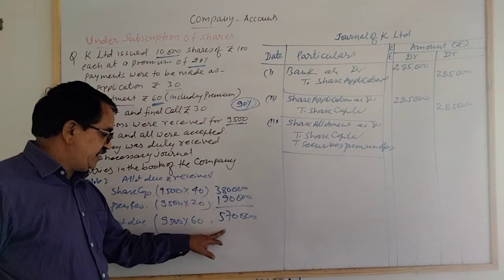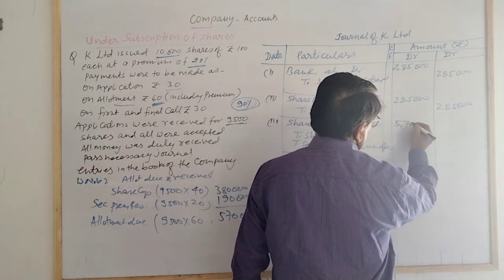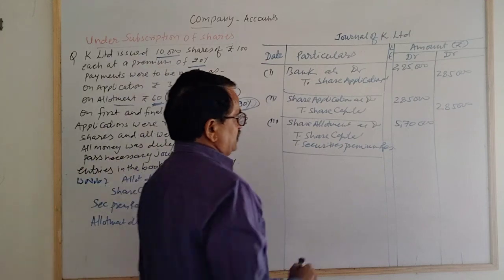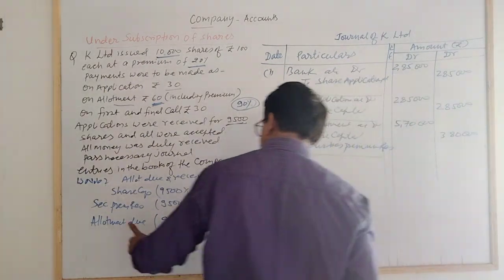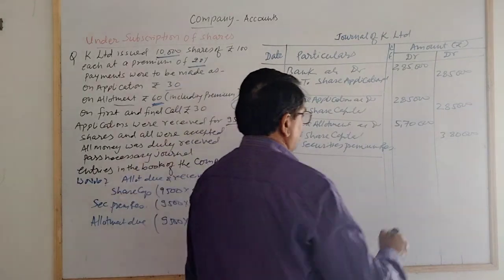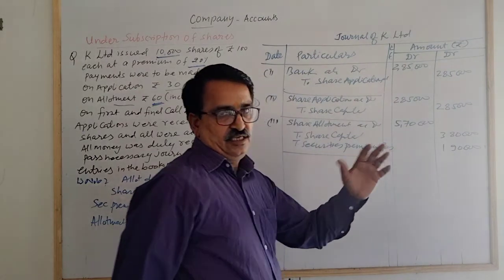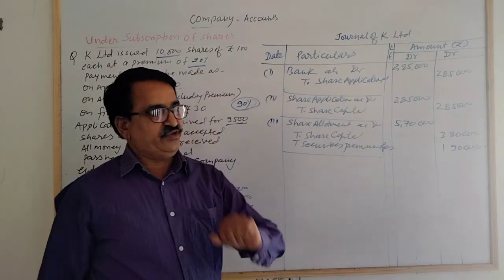The allotment money made due is ₹5,70,000. Value of share capital is ₹3,80,000. Value of securities premium is ₹1,90,000. So this is the entry for allotment money made due, and the same amount we received.